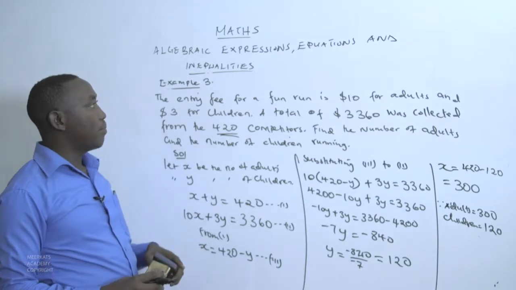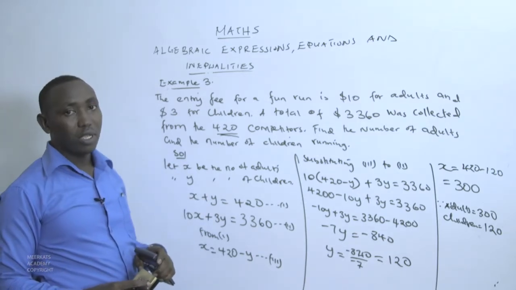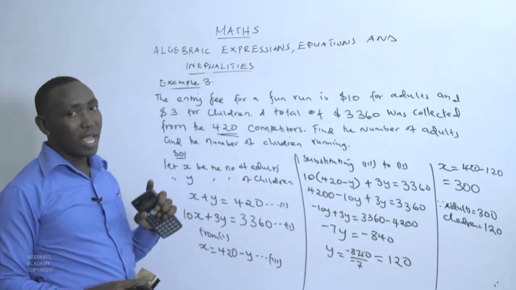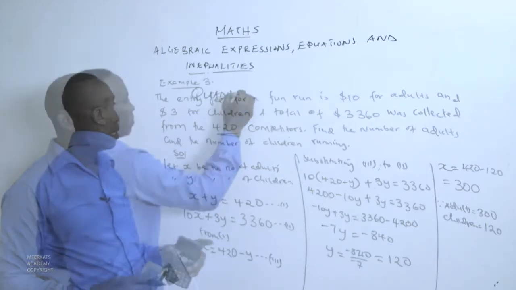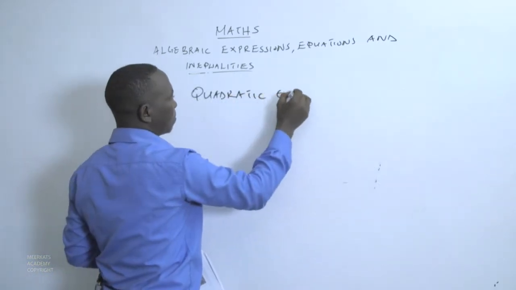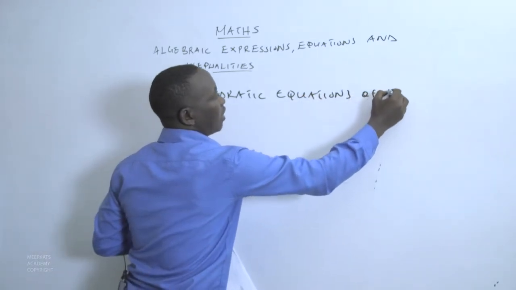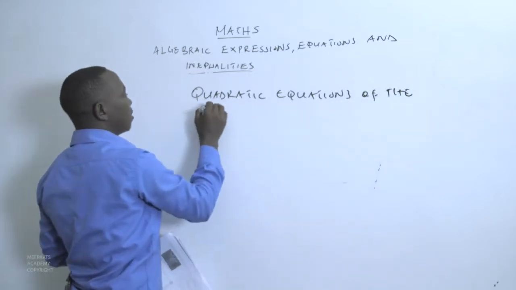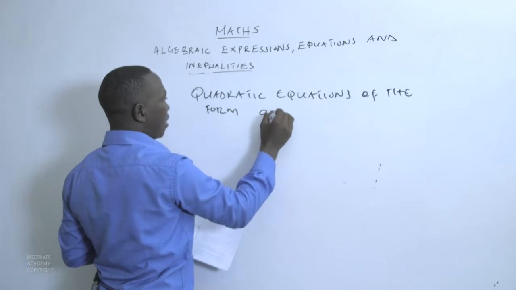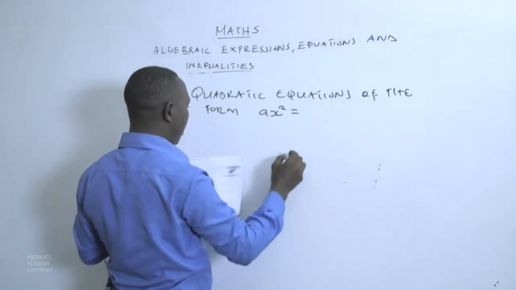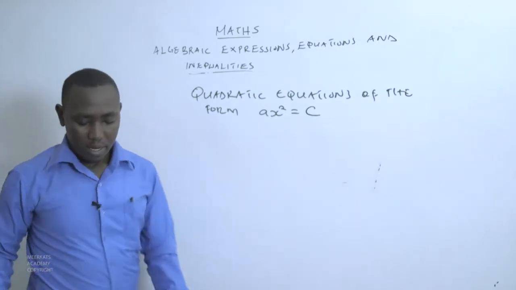We now want to consider another set of expressions and equations in which the power of x, or the power of the given polynomial, is not 1, of the form ax squared is equal to c.